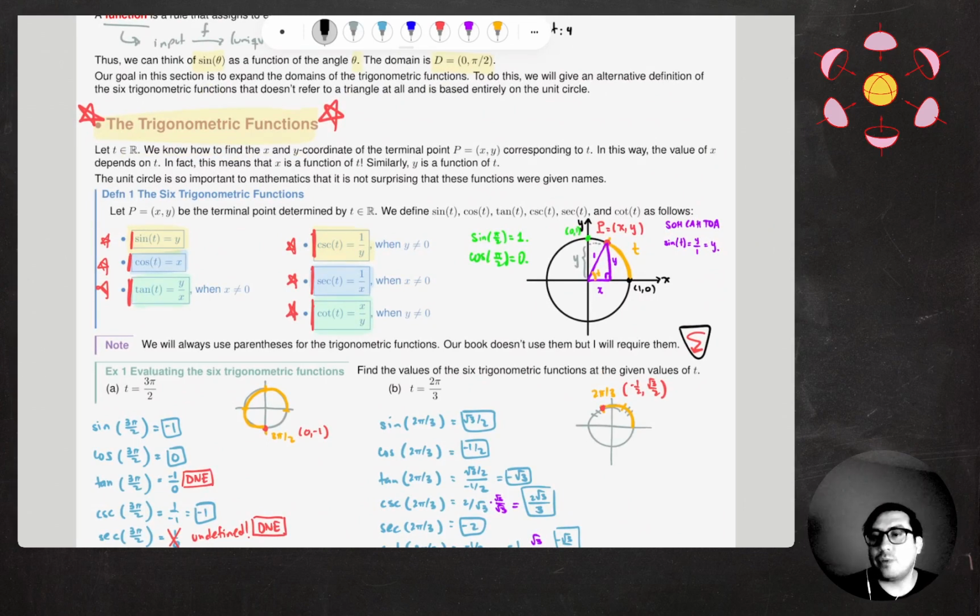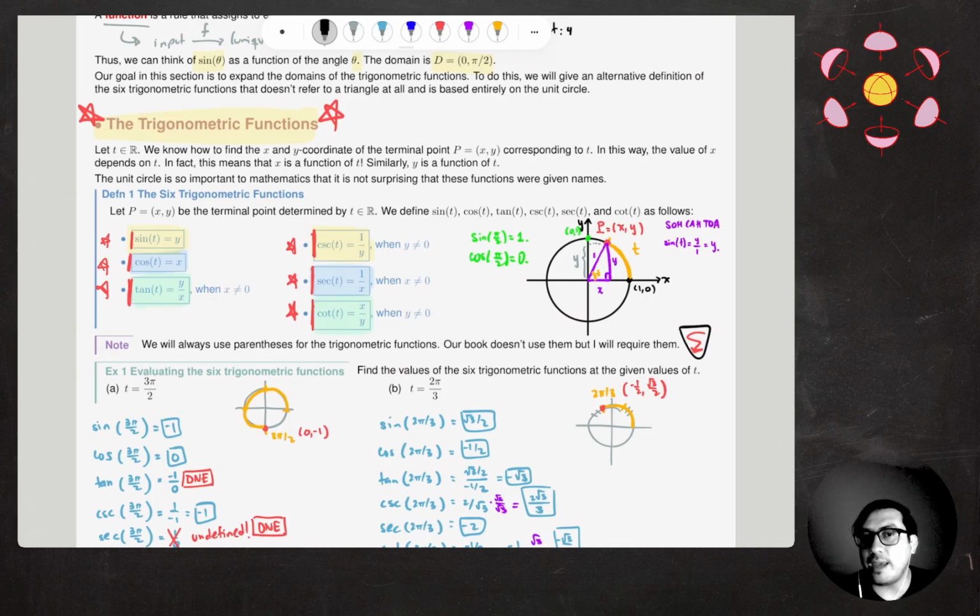If you give me a real number t, remember we're going to think of this as a radian, and a radian is a measurement of arc around the circle. I keep calling this the wet noodle because it's literally a length.